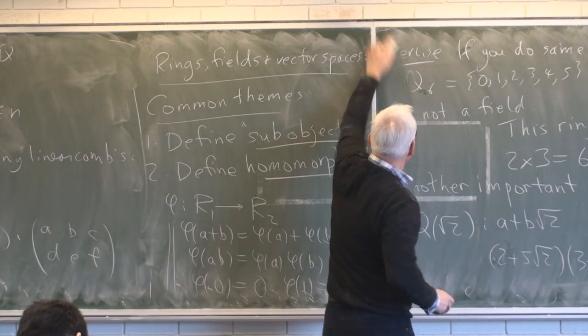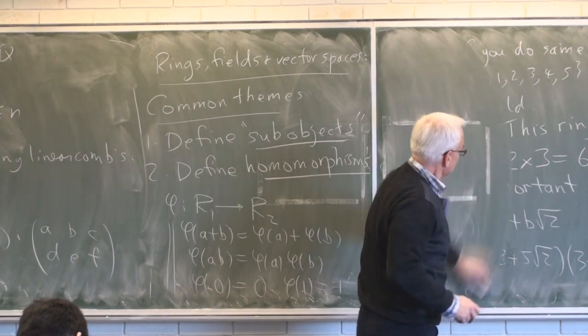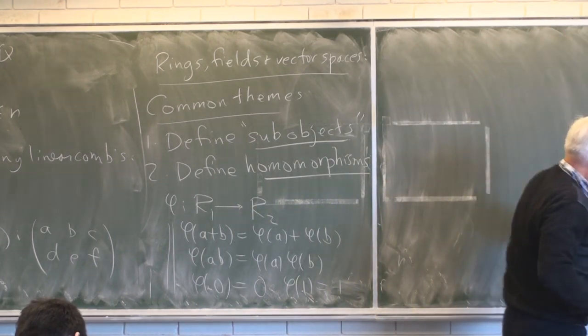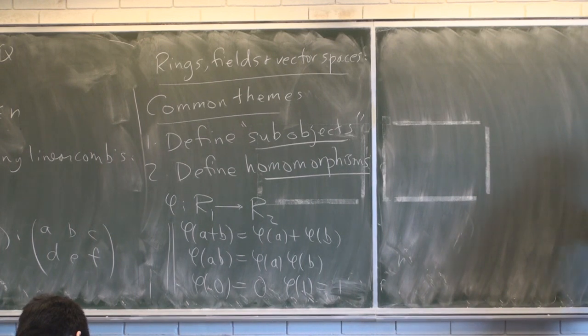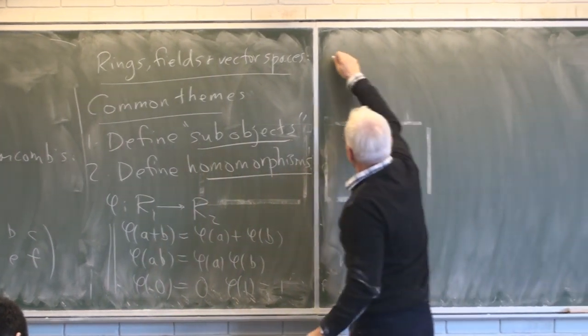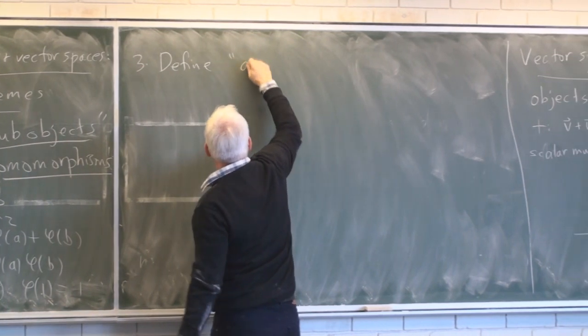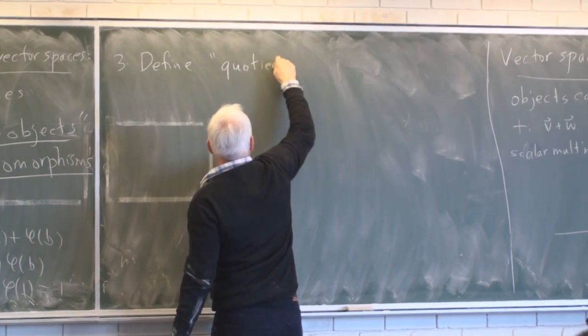And then there is one more type of thing that's usually a little bit more complicated, but sort of fits in with these three. We need to define quotient objects.